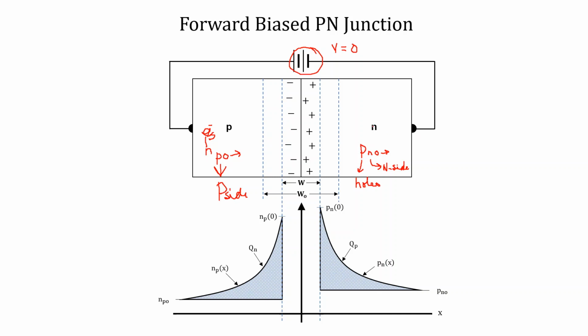Also, the majority charge carriers here, which are electrons, will be written as Nn naught: N means electrons, n means on the N side, and naught means thermal equilibrium. Similarly, here the majority charge carriers are holes, so they will be denoted as Pp naught: P means holes, p means P side, and naught means in thermal equilibrium condition.